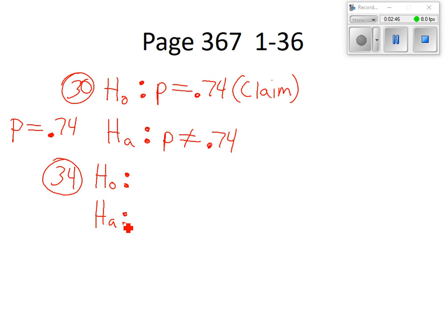What's our symbol going to be this time? P, or mu, or what? P. And where am I going to write what they told us? HA. So P is not equal to what? 0.26. That was the claim, right? Yeah. What's the H0 then? P is equal to 0.26.